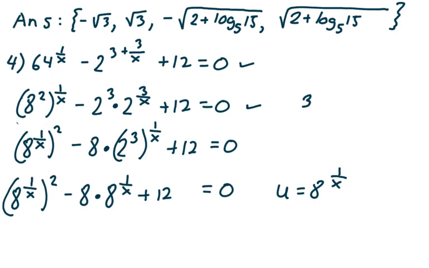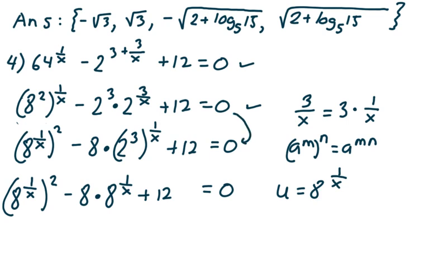Because remember, 3 over x can be written as 3 times 1 over x. And a to the m raised to the n is equal to a to the m times n. So this is what's going on from here to here.